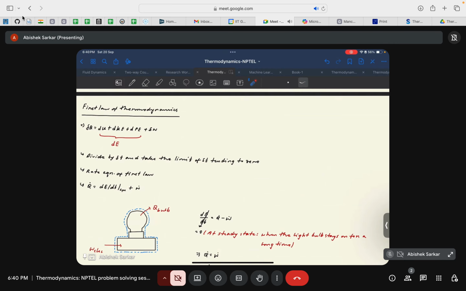And dE, that is the energy of the system, can be dissociated into its internal energy, its kinetic energy, and its potential energy.